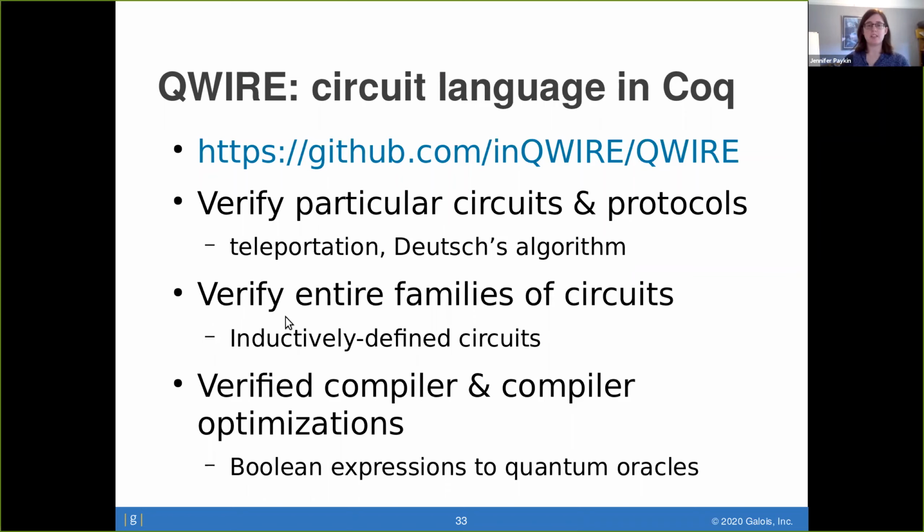And then there's been this work on verified compilers and compiler optimizations, so that the entire software stack that you use to run your programs isn't introducing more bugs that didn't already exist.